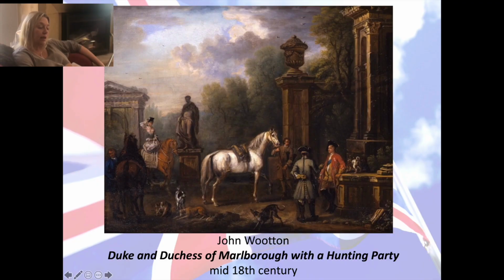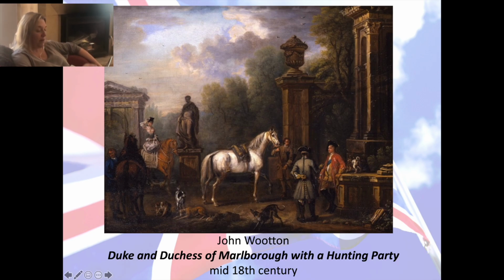And the lucky few who had estates start to engage artists to paint their estates and to paint the elements of their estates that they are most proud of. So, for example, horses. So in the middle of the 18th century, we have a whole subgenre of horse portraits.